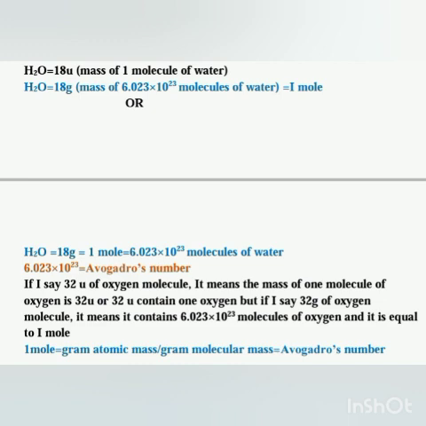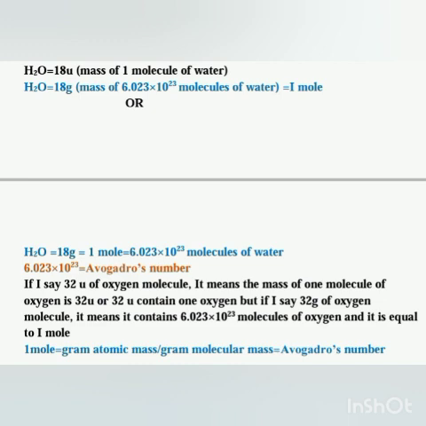But if I convert it into grams, because gram is a bigger unit, what does it show? That 18 grams will contain 6.023 × 10^23 molecules of water, or it is also equivalent to 1 mole. I hope it is clear to everyone.